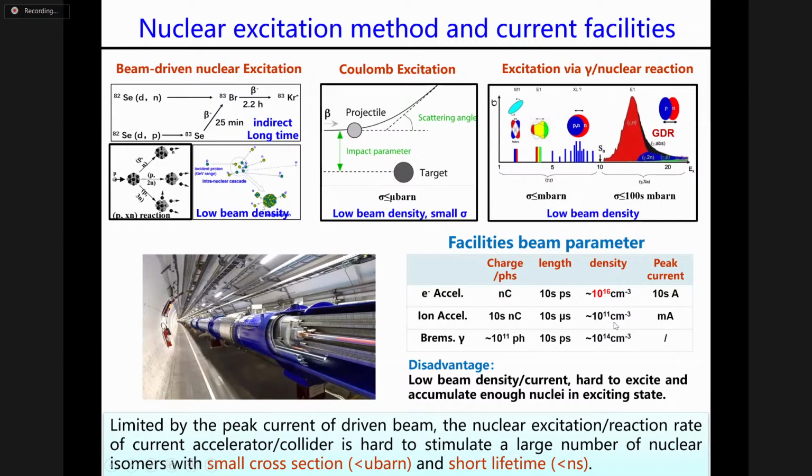So this kind of low beam density or current is hard to excite and accumulate enough nuclei in the excited state. Limited by the peak current of the driven beam, the nuclear excitation or reaction rate of current accelerators or colliders is hard to produce a large number of nuclear isomers with very small cross-section and short lifetime, for example, shorter than a nanosecond. So it's very difficult.